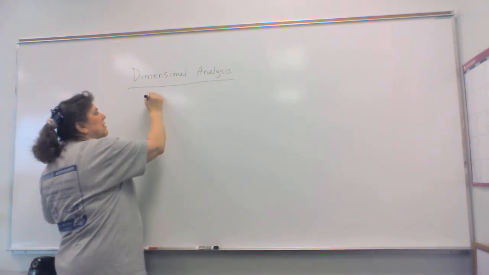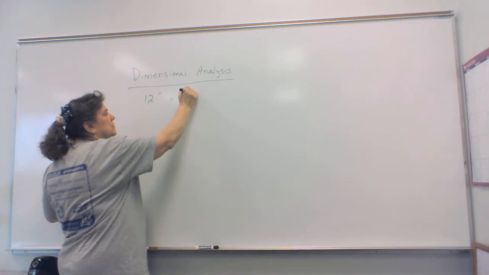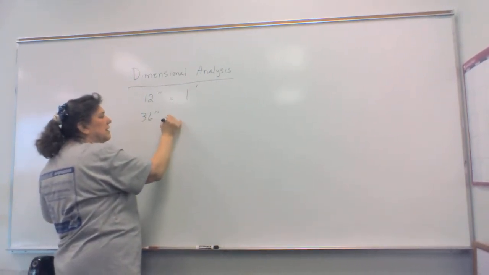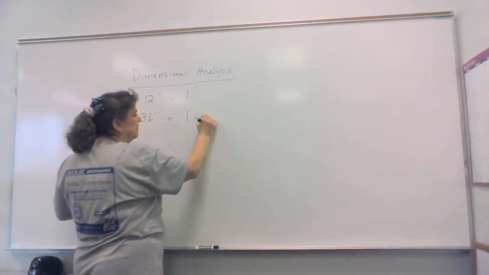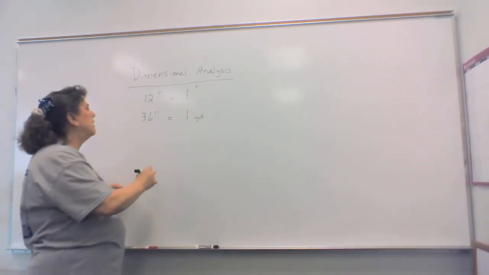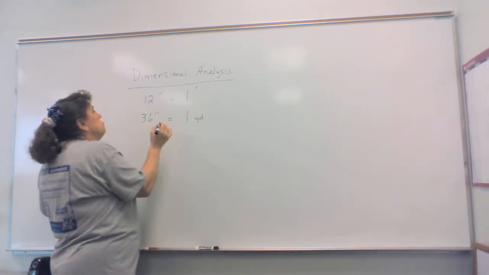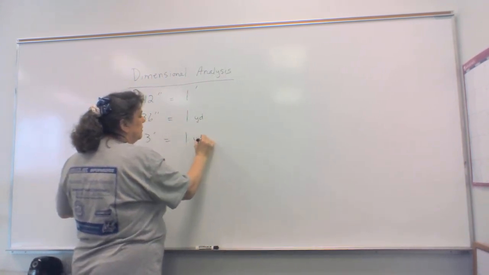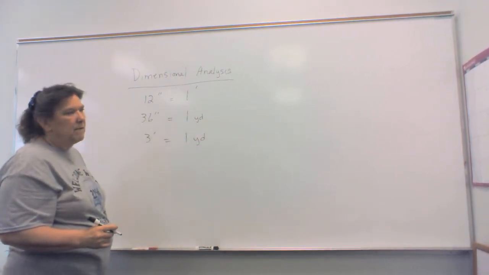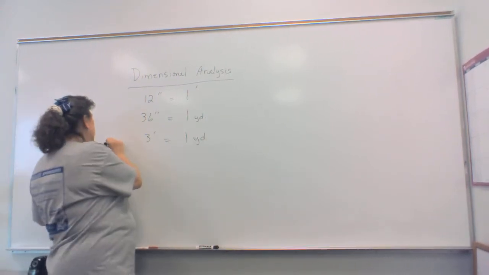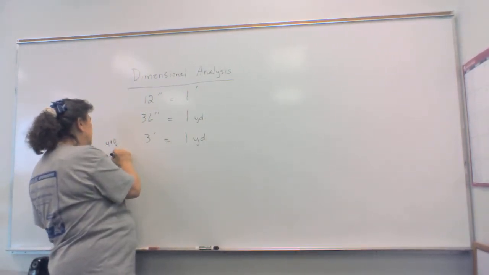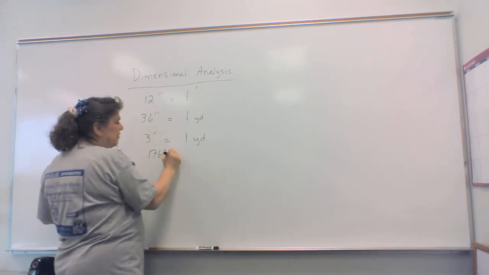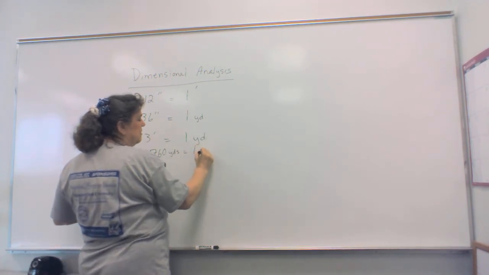For example, 12 inches equals 1 foot. 36 inches equals 1 yard. 3 feet equals 1 yard. 1,760 yards equals 1 mile.